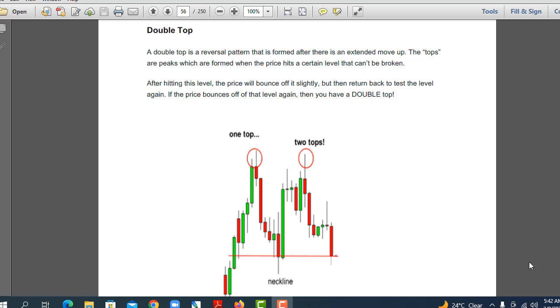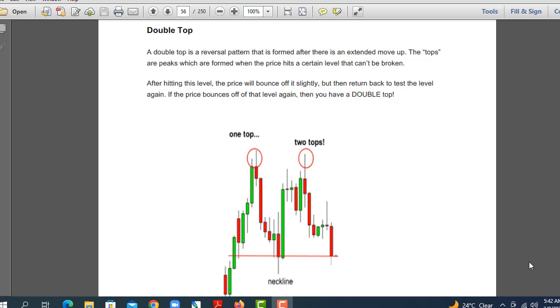And chart patterns are one of the very important technical tools that you need to master, because what chart patterns help us do is identify when a given trend is most likely about to change, so that you don't get caught in market reversals.